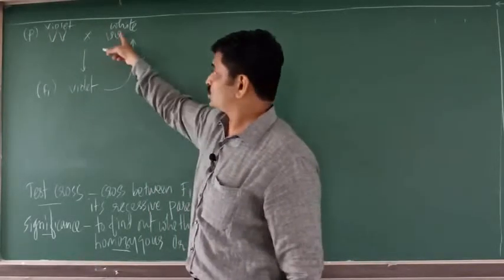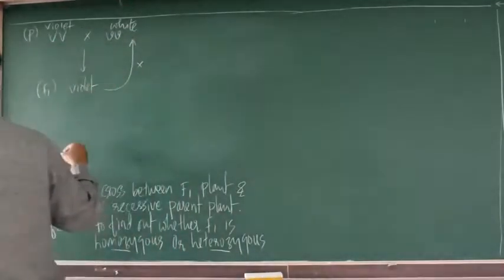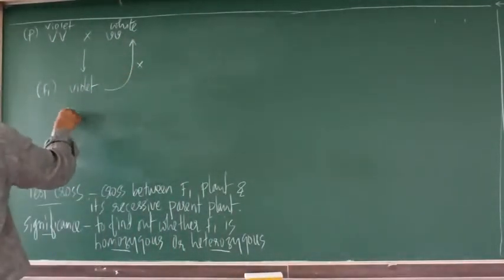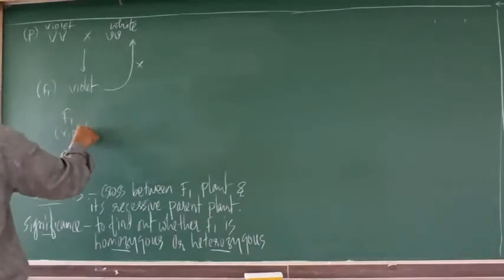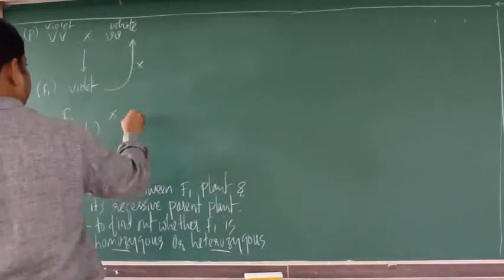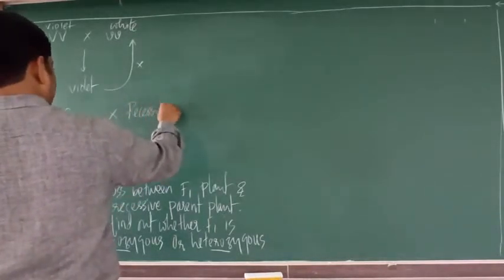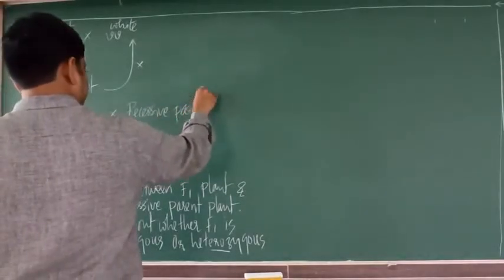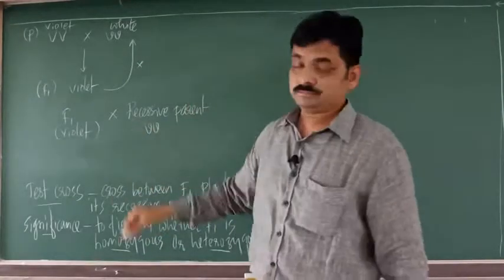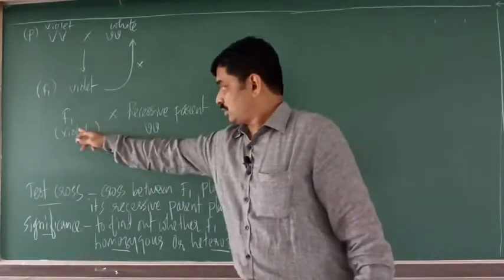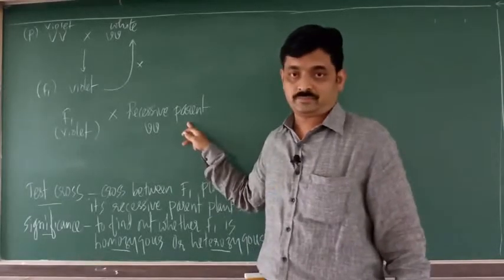So F1 is crossed with this recessive parent plant. I will write that cross here. So what we have done here? We have crossed F1 plant with the recessive parent plant.